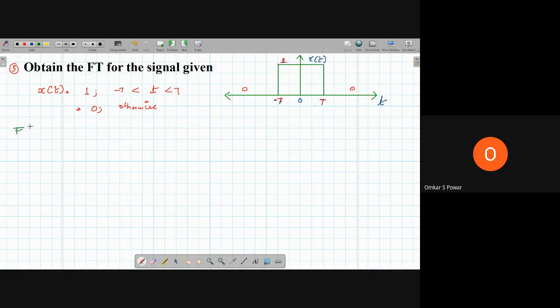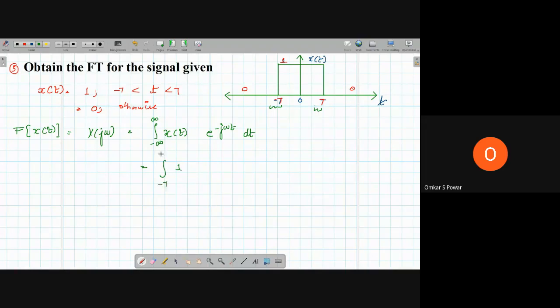So Fourier transform of x of t is X of j omega, which is equal to the integral from minus infinity to infinity of x of t e power minus j omega t dt. Now what are our limits? Limits are minus T to T. Your x of t is 1.